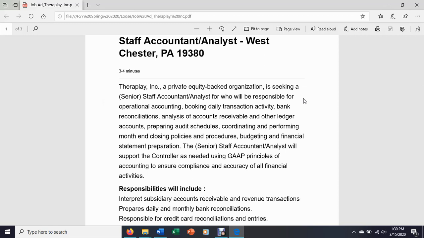That would be someone with more experience, someone who maybe has held a similar position for, say, a decade or two, someone who has extensive experience doing these kinds of things. But they're not exclusively seeking a senior staff accountant.